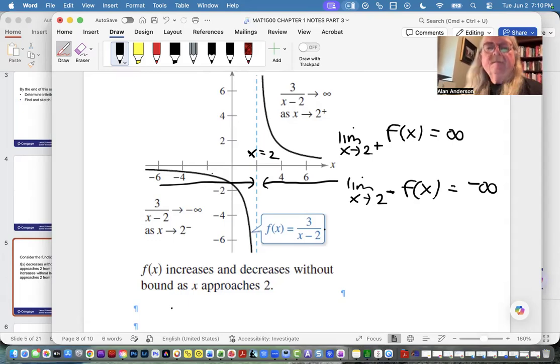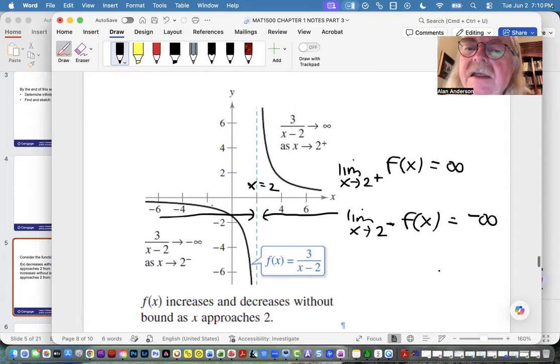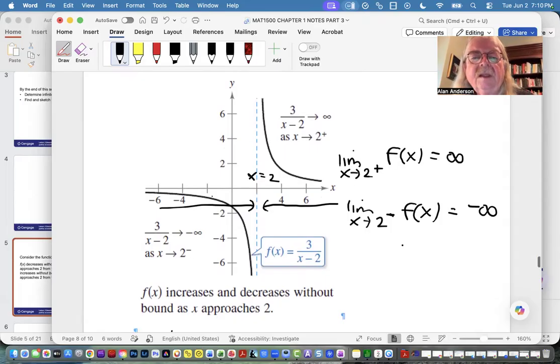So you can see, and of course we can tell, they're not equal to each other, therefore we have a discontinuity here, but it's an asymptote because the function never quite reaches that line, which means x equals 2 is not part of the domain.